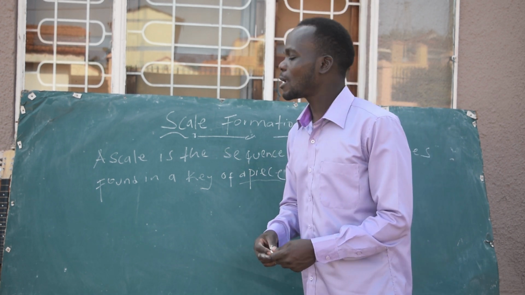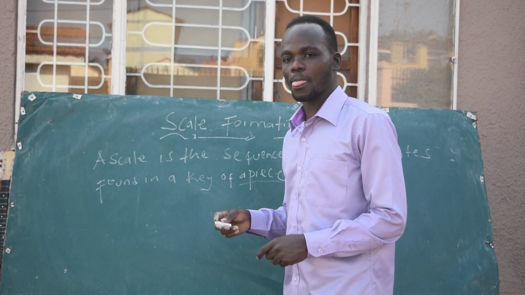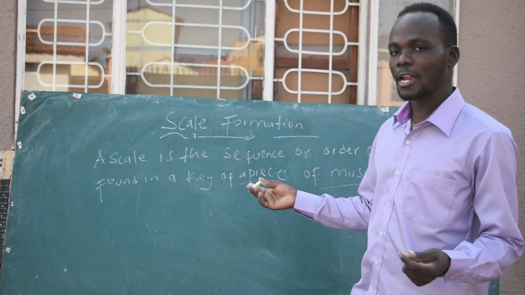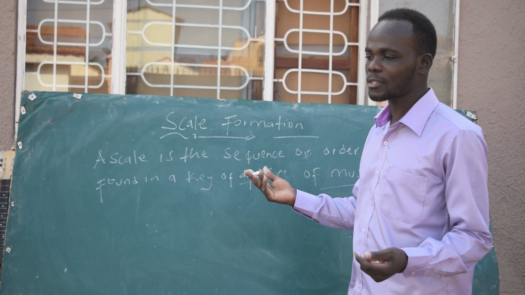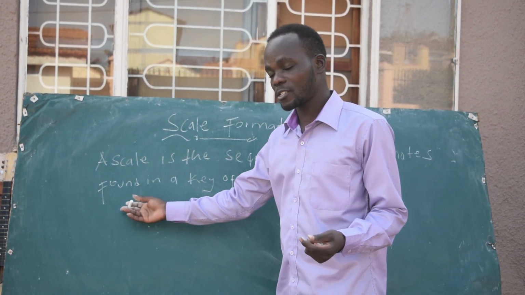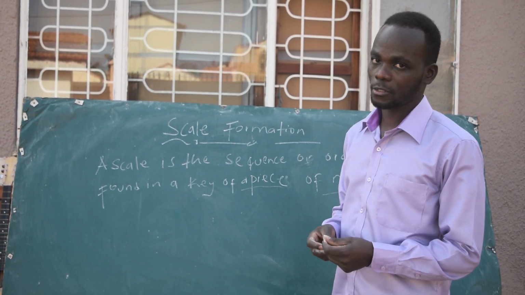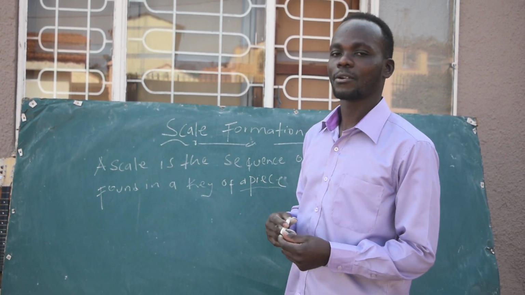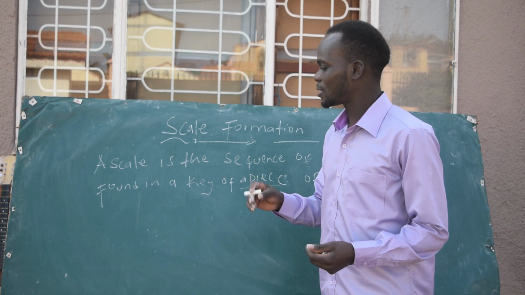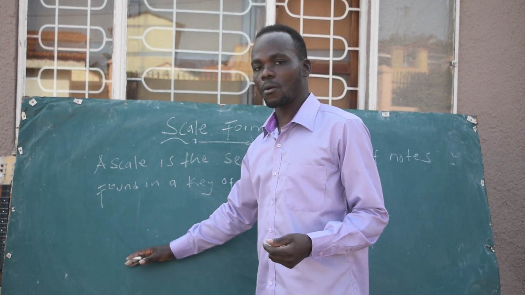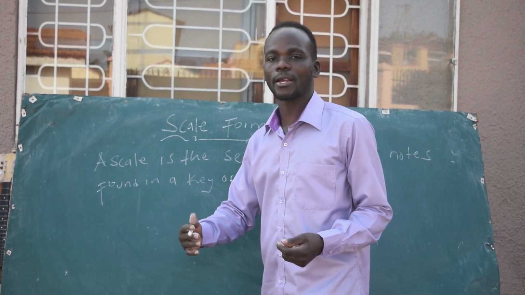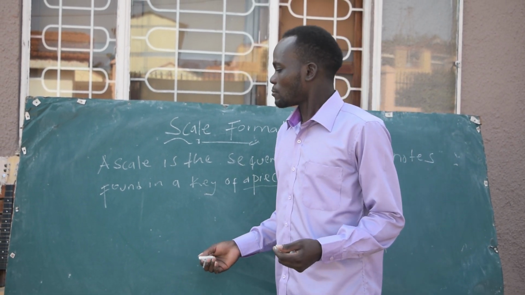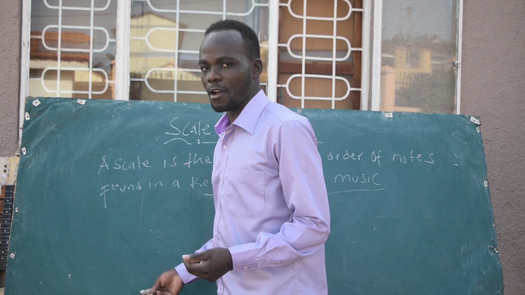What is a scale? So now let's try to find out the scale, the major scale of course, of C, as we can always find out with other notes, but C is always easier to find out because it doesn't have any accidentals, sharps or flats. So let's start. We are going to use the longer way because I want us to understand how we form a scale. Let's use the C note.